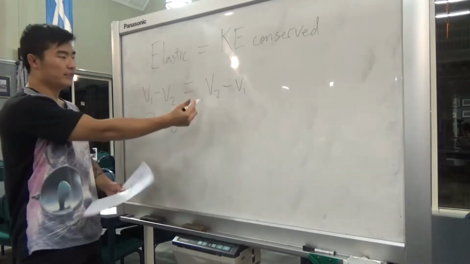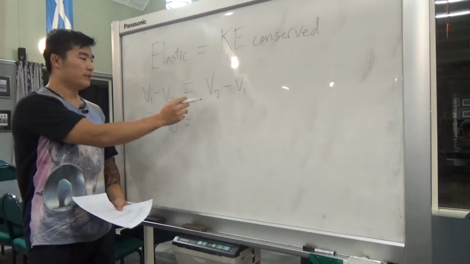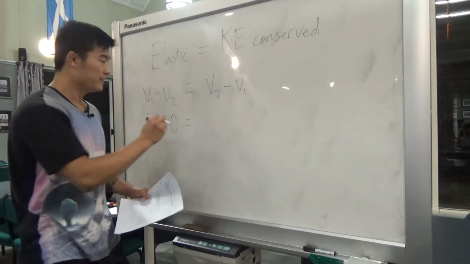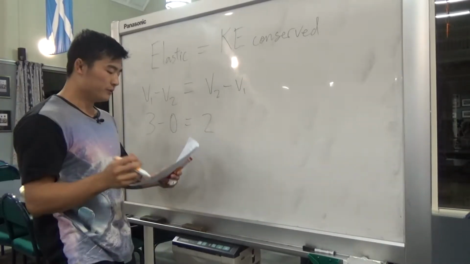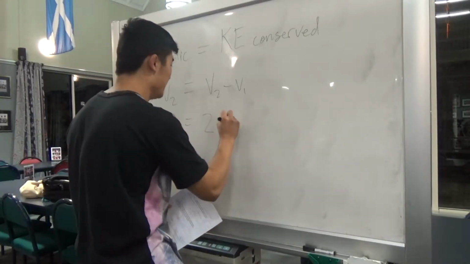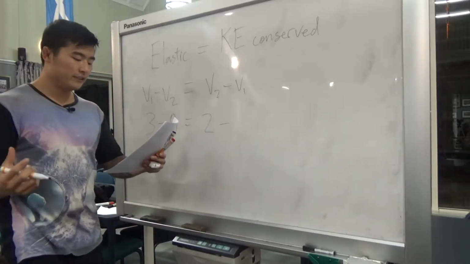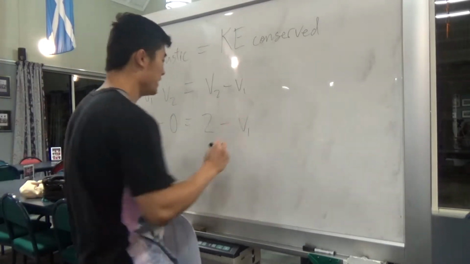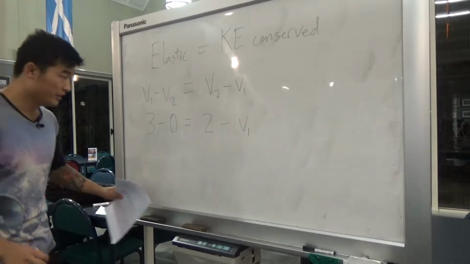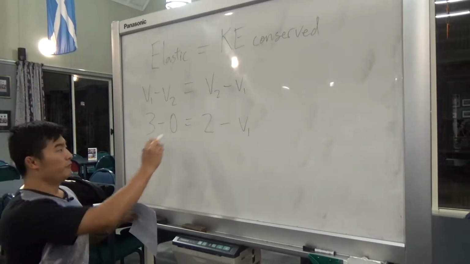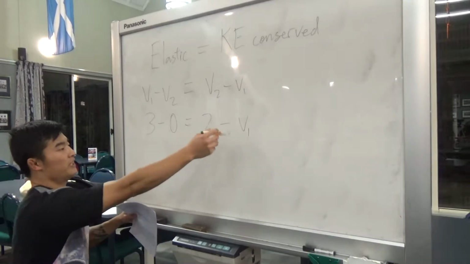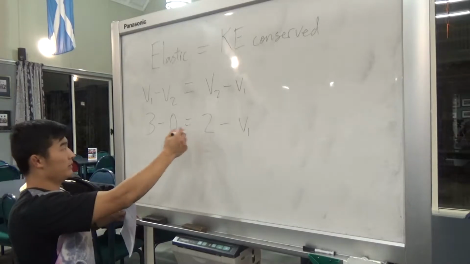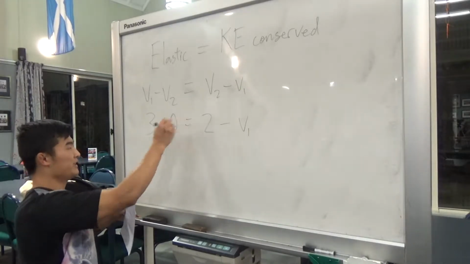And then after the collision, V2 is the box. So the box is moving at 2 meters per second to the east. So that's 2. And then minus the velocity of the cart after the collision. But we don't know that, so we'll just leave it as V1, right? So if we want to get V1 on its own, this side will be 3 minus 2.